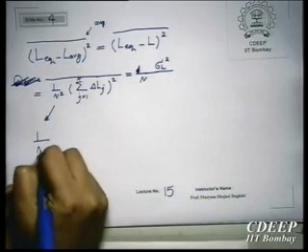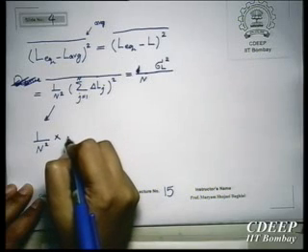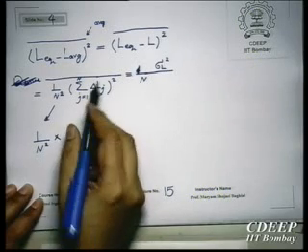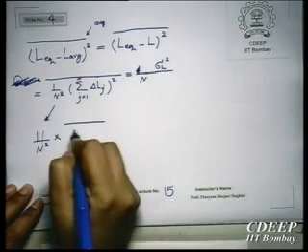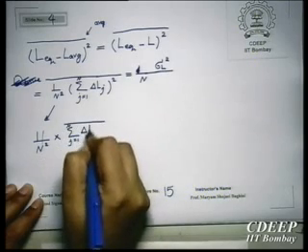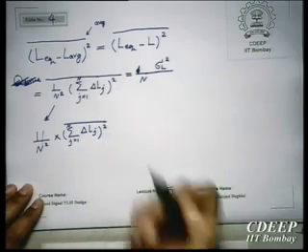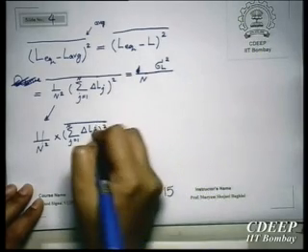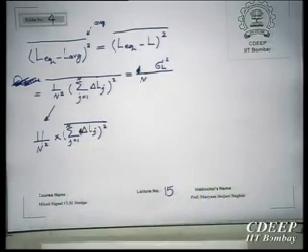See how it comes here. It's 1 upon n square into the average of this. 1 upon n square is constant, average of this square. Sorry, this should be, wait.